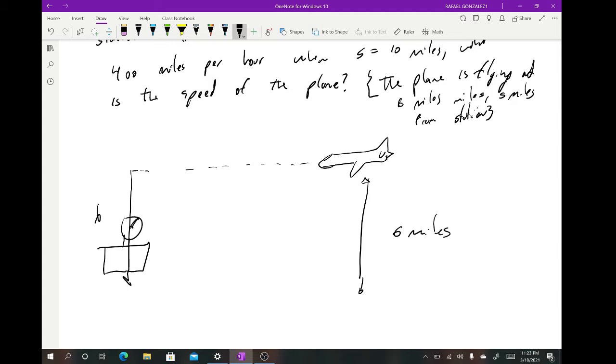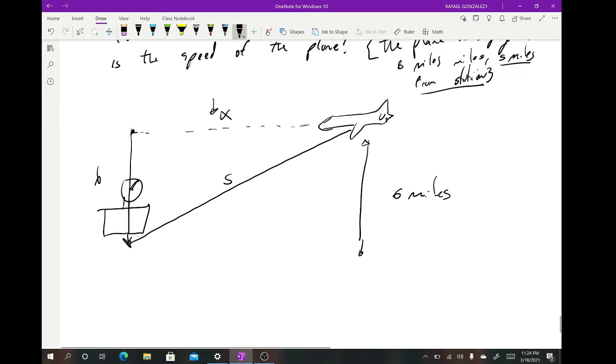And now the distance S from the station is not actually this horizontal distance, because this horizontal distance is towards this point here. The station is down here. The distance to the station is denoted by S, which is this line right here. This is the horizontal distance X. We'll call it X because we don't know what it is.